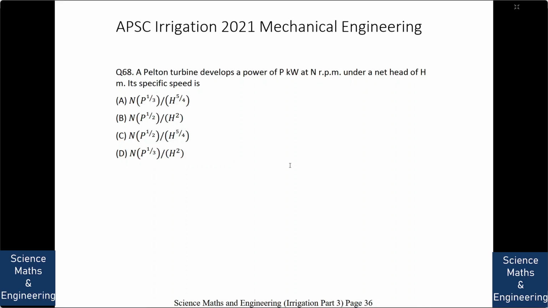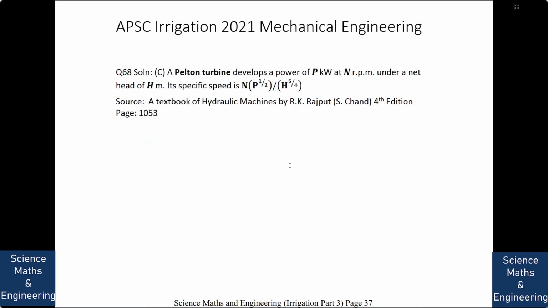Its specific speed is A, N into P to the power 1 by 3 divided by H to the power 5 by 4; B, N into square root of P divided by H square; C, N into square root of P divided by H to the power 5 by 4; or D, N into P to the power 1 by 3 divided by H square. So you can pause and think of the answer. So the answer is C.